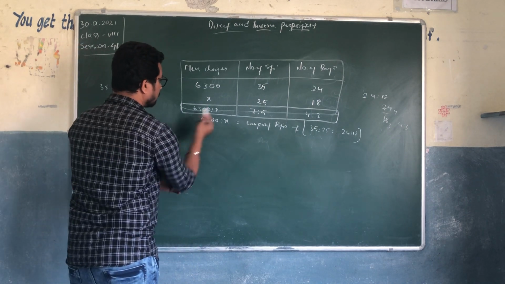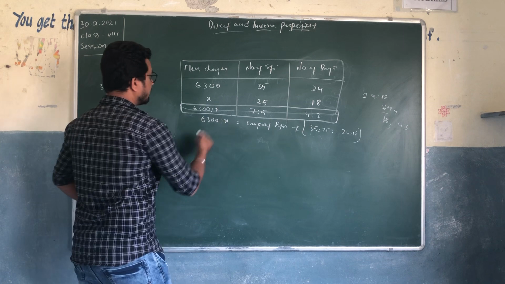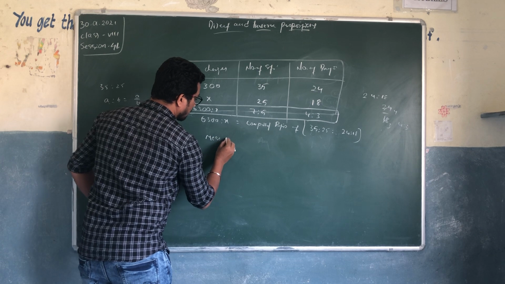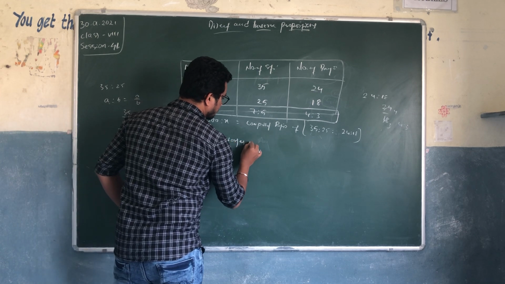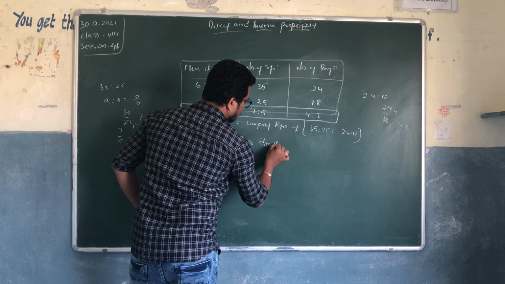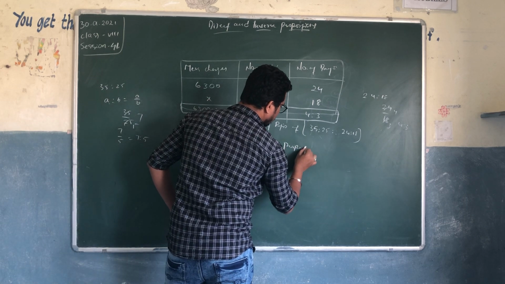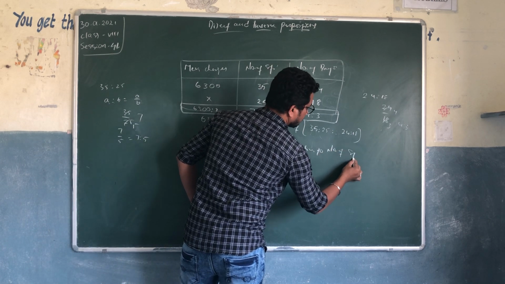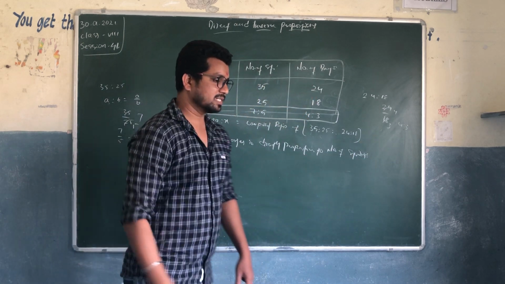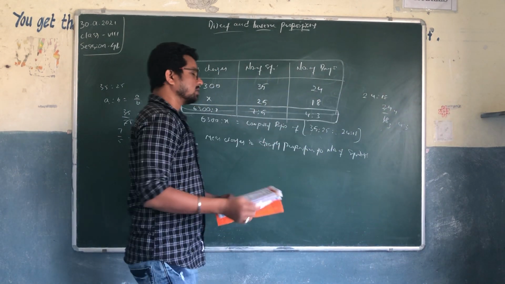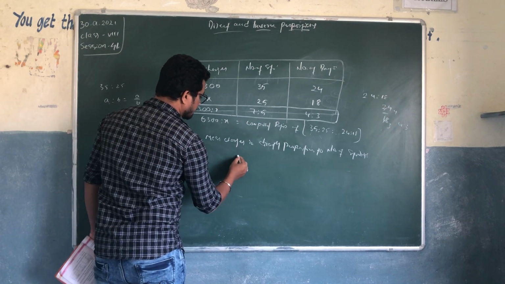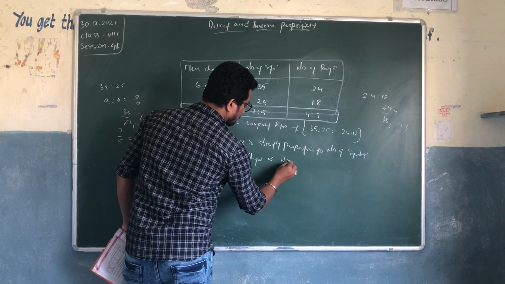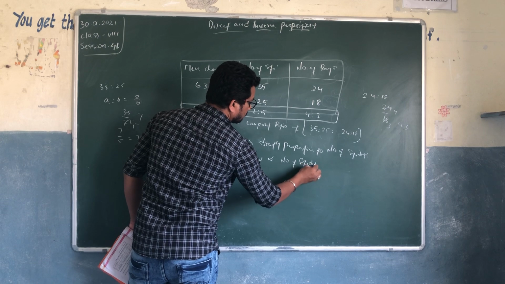So now let us write a step. Mess charges is directly proportional to number of students. Symbolically we can write it as mess charges is directly proportional to number of students.